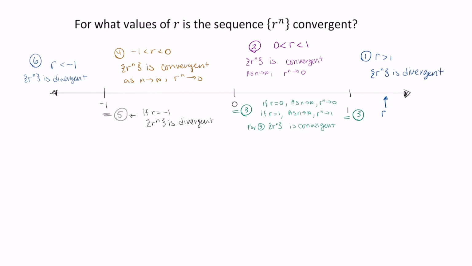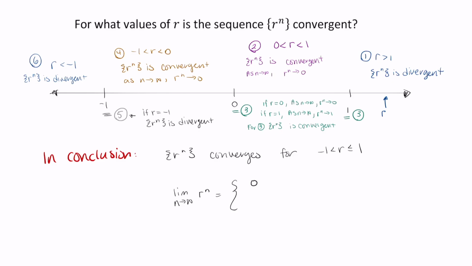So, in conclusion, the sequence r to the n converges as long as r is greater than -1 and at most equal to +1. Furthermore, the limit as n approaches infinity of r to the n varies.